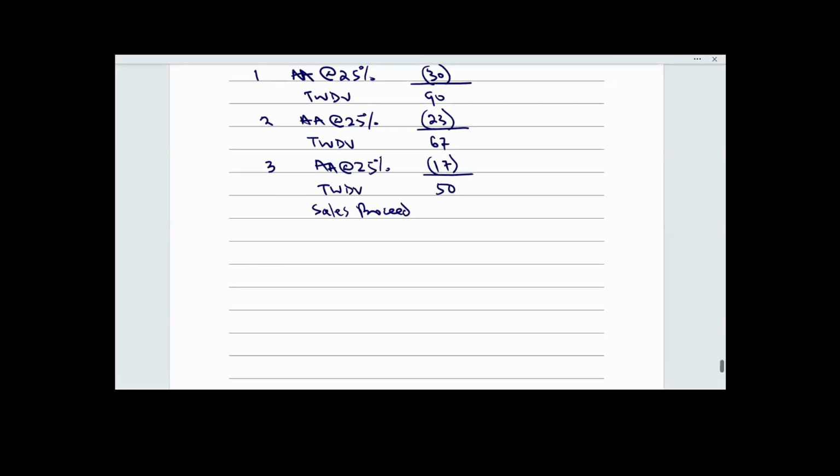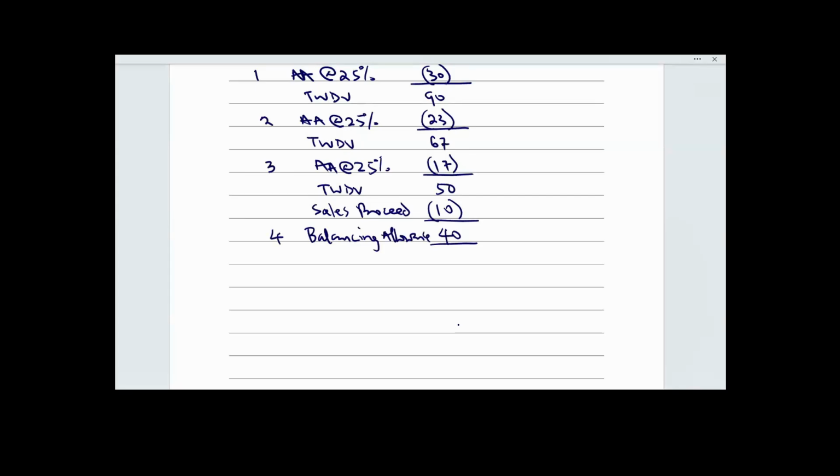So here will be 10. Less. So the difference is 40. Because the tax written down value of year 3 of 50 million is higher than the sales proceeds, the difference is called balancing allowance. This is balancing allowance.